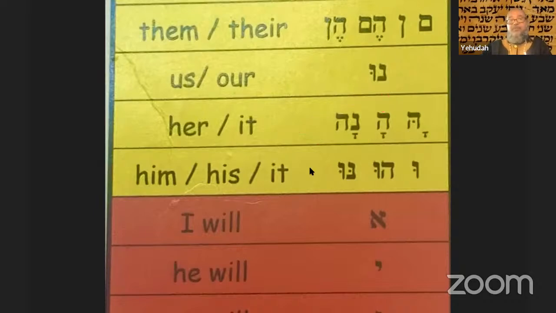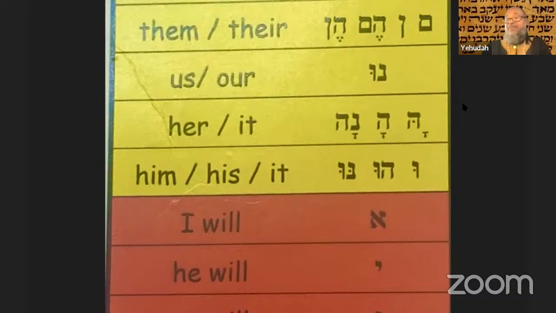So the him, the his, and the it are all third person. And again, the him could be a person, the his can be a person, the it can be a masculine thing, because both nouns come back, both masculine and feminine. Remember, the Hebrew language is a living language.